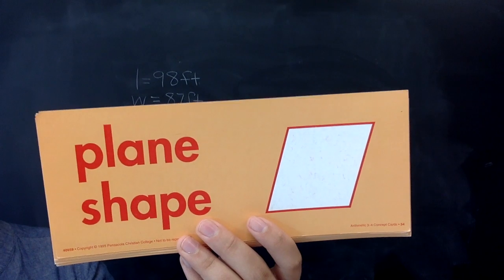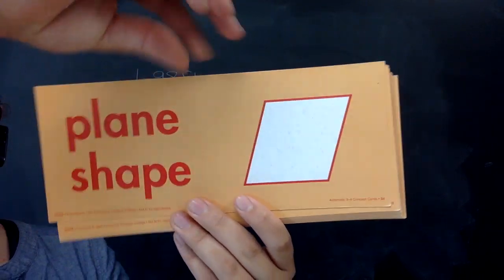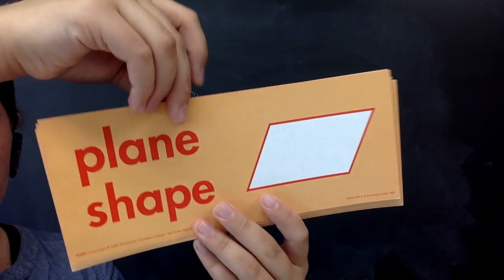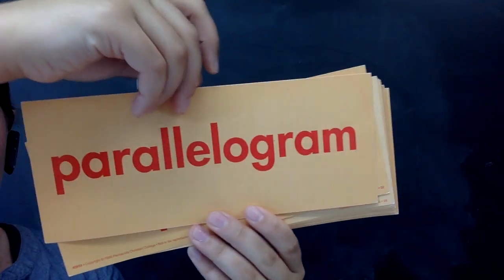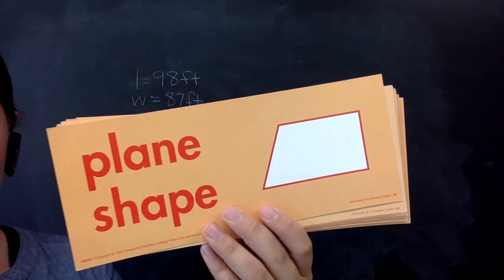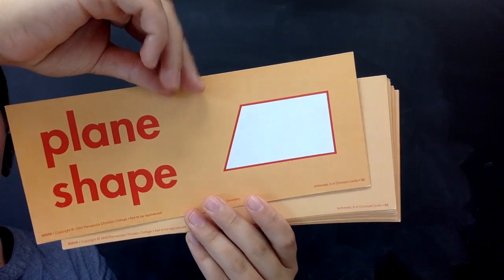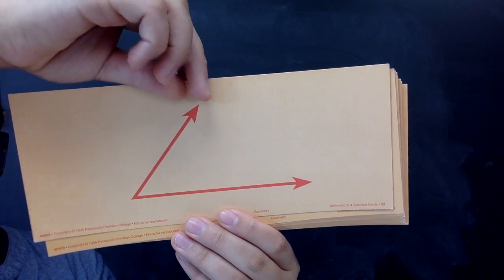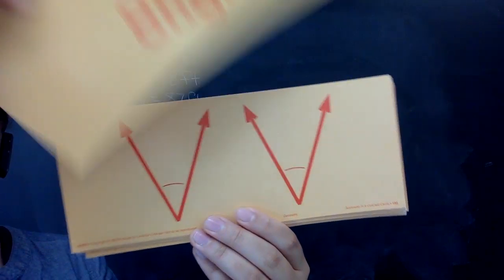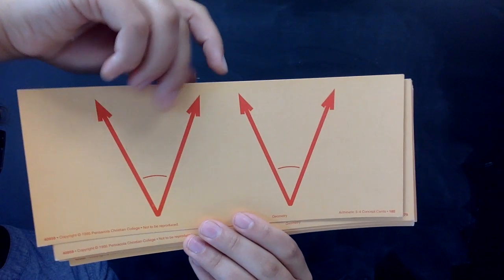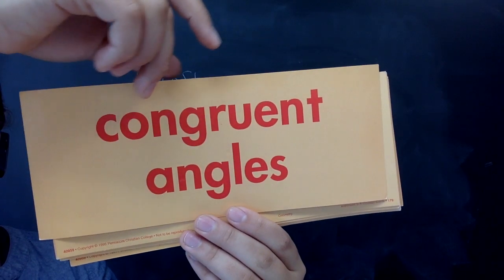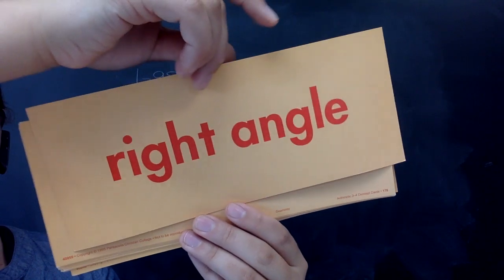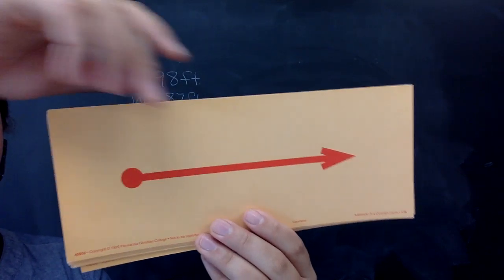What shape is this? Rhombus. What shape is this? Parallelogram. Trapezoid. Angle. Congruent angles. Right angle.